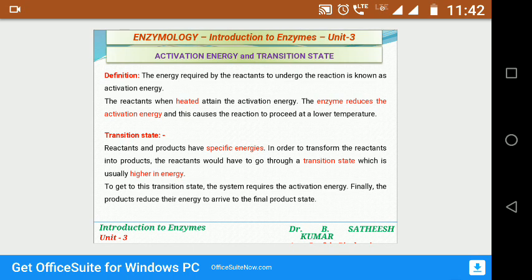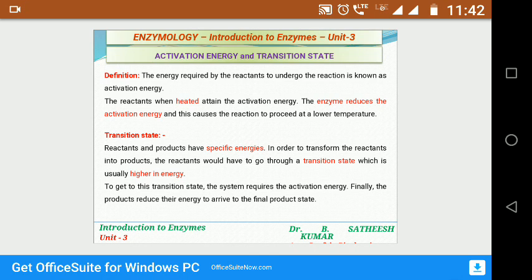So the amount of energy that should be externally given to the substrate to become a transition state is known as activation energy. If you don't use enzymes in a reaction, what happens? It requires a lot of activation energy. But when we use enzymes, the enzyme will lower the need of activation energy.